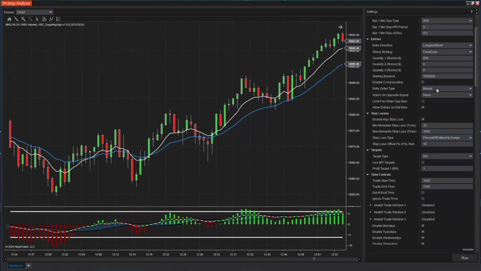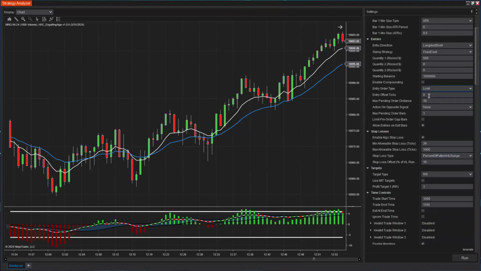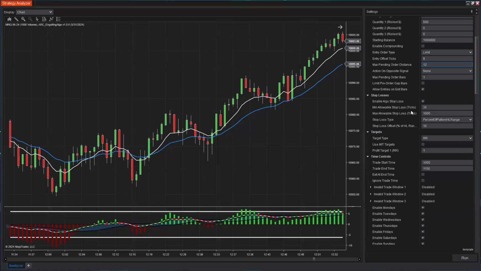Let's try that. Let's do limit and entry offset 8. Go to 12 on that. Just trying different things, right? Percent of high low. Let's go negative 30.